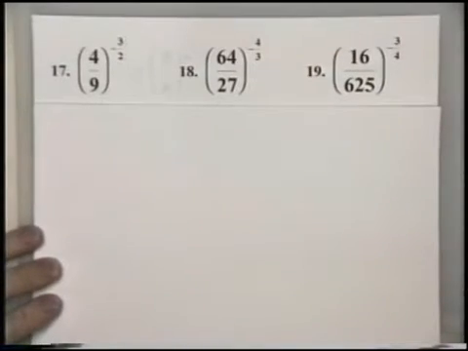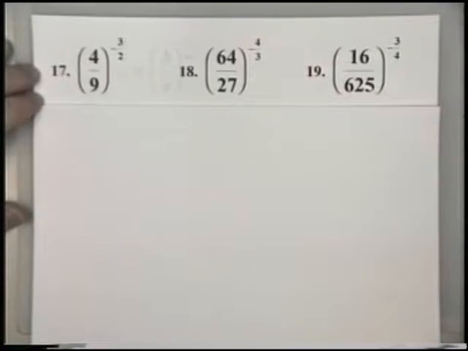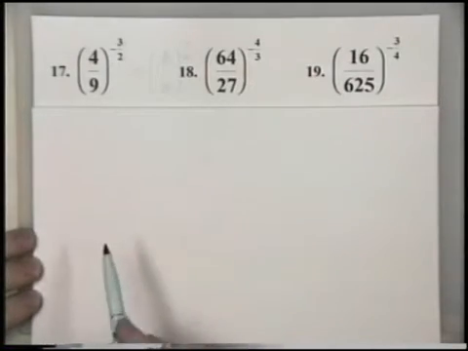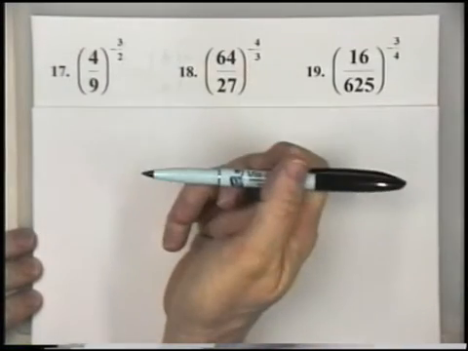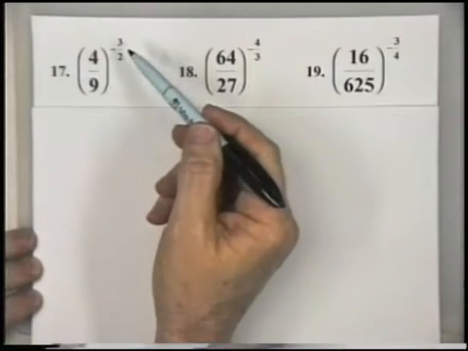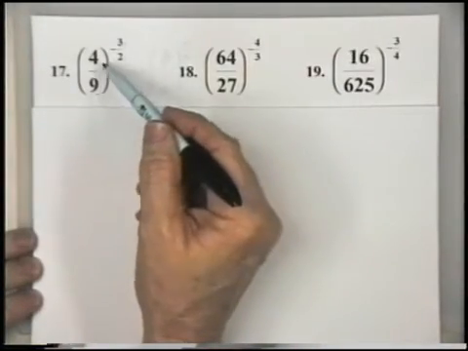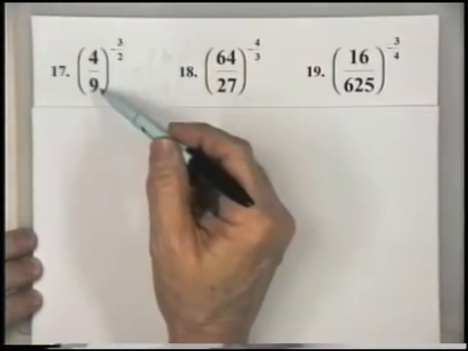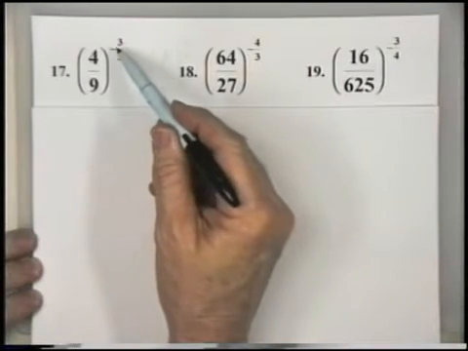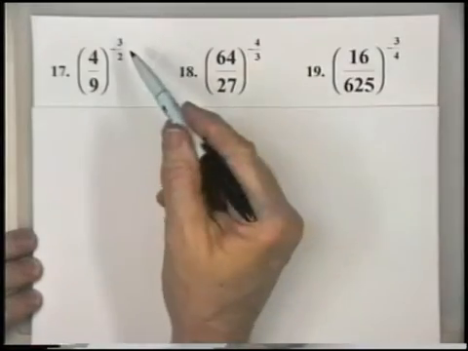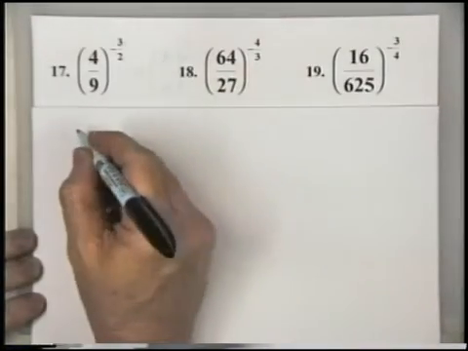Now, what about some where the bases are fractions? Again, it's just a consequence of the laws of exponents, the way we would handle something like this. Well, turns out though, with this fractional base, we also have not only a fractional exponent, but a negative fractional exponent, don't we?